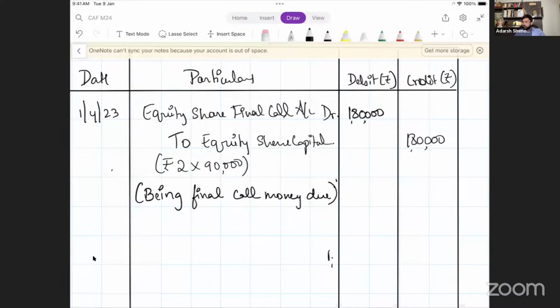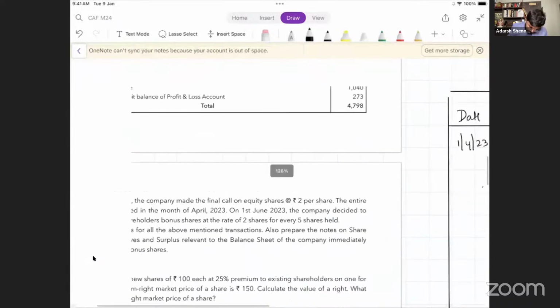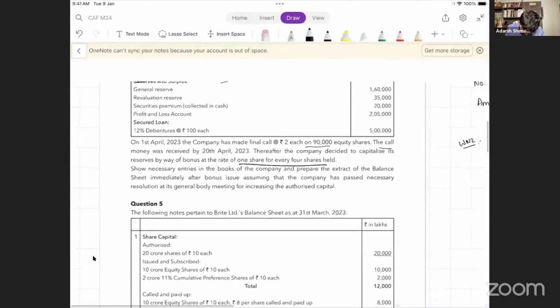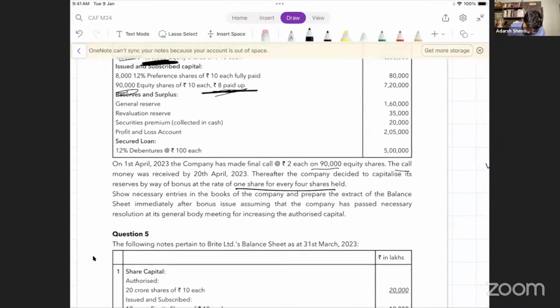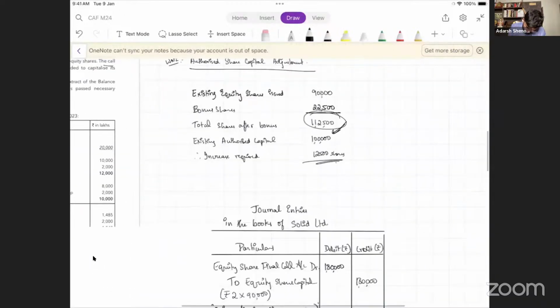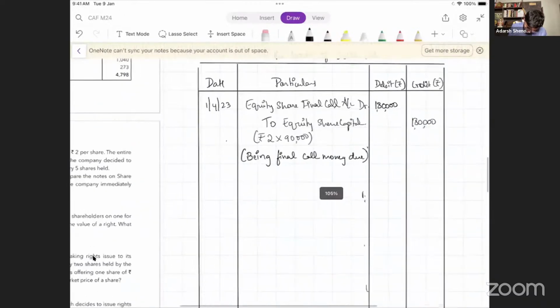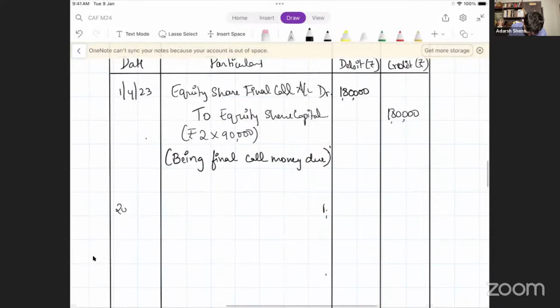We're also going to receive that money, right? By what date have they said they're going to receive the money? By 20th April, so I'm going to write 20th April here. We receive the money.